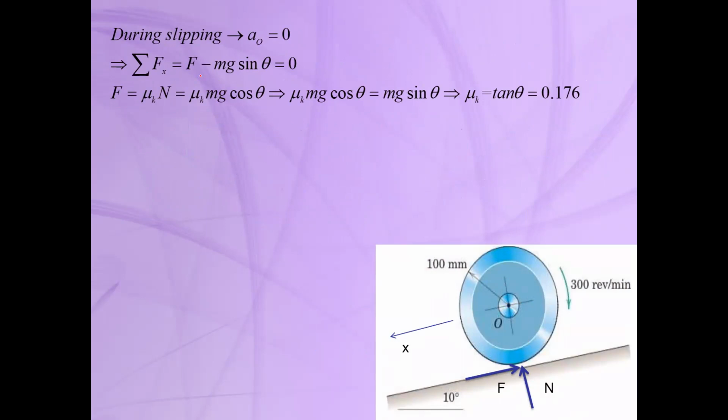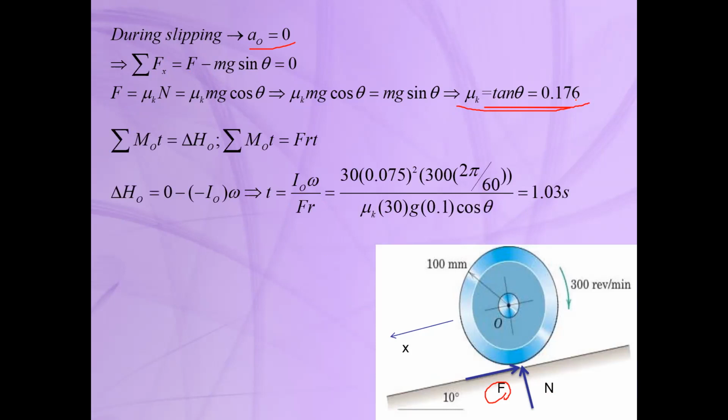So we can write the force equation in x direction. During this time, the summation of the force in x direction is equal to 0, and we can conclude that F, which is the friction force, is equal to mu k times N, and it's equal to mg sine theta, the x component of the weight. So from here, we can conclude that mu k is equal to tangent theta.